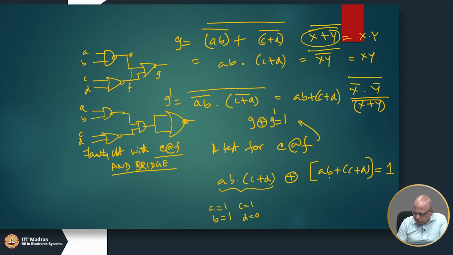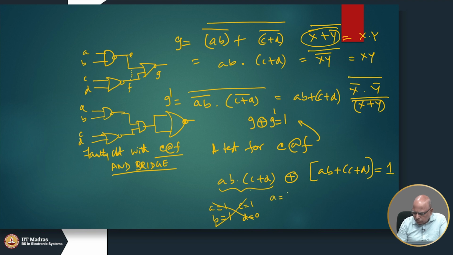Unfortunately, if I do that, AB is already 1, so this will also become 1. So this will not work. Let us try to make this 0 instead.